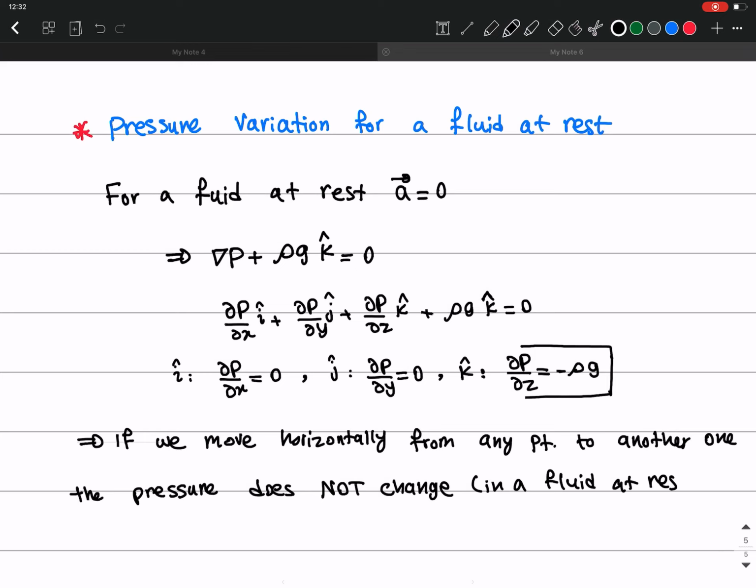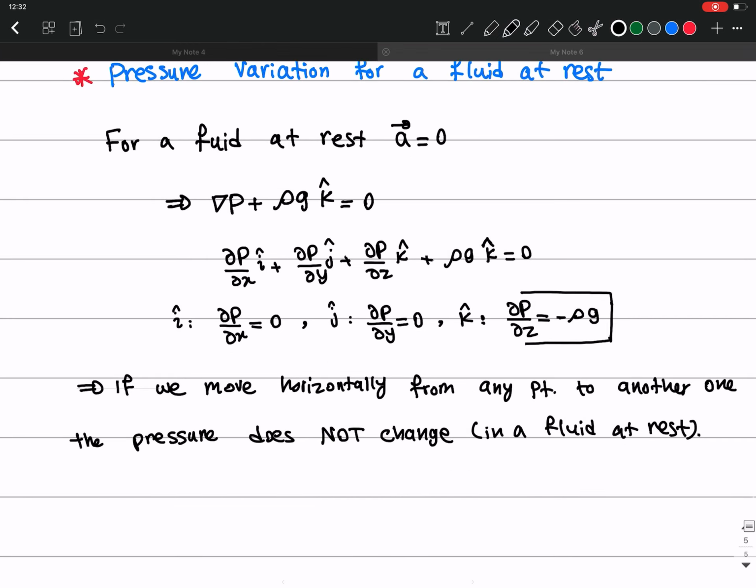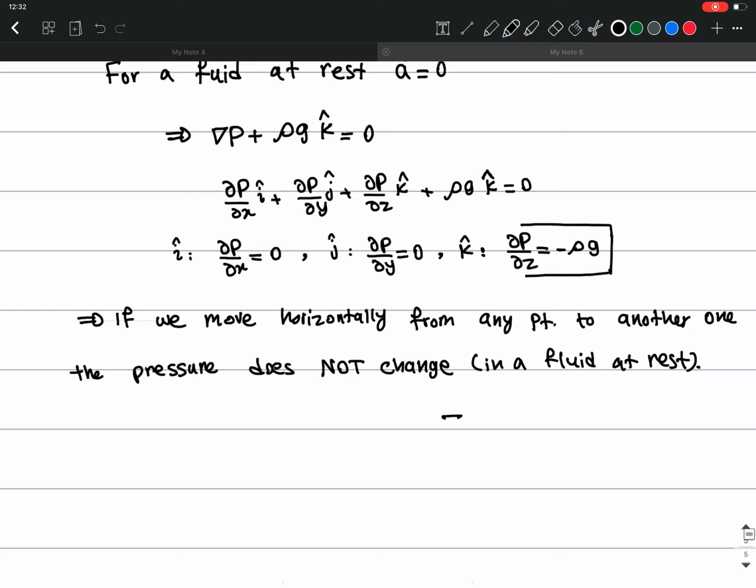This is important. So if you have a fluid that is not moving, say for example, you have a tank of water, or something like a dam or anything, okay? You have this fluid that is not moving, it's constant. So let me show it here. For example, like it is in a tank of water like this, okay?